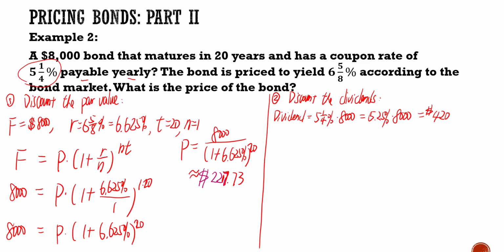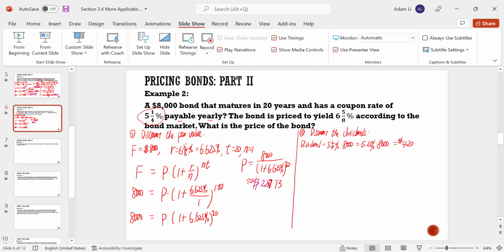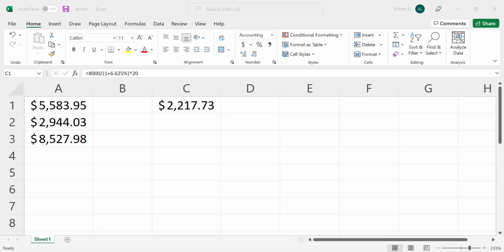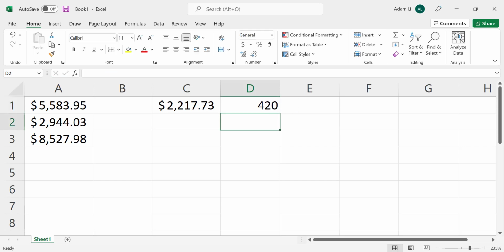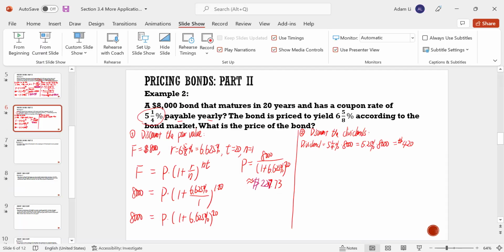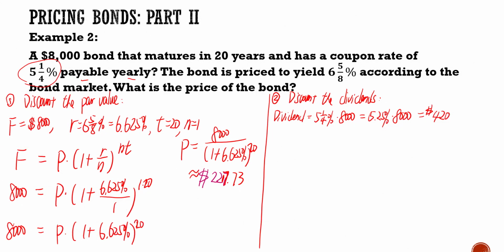Let me just double check, make sure this number is right. So we get 5.25% times 8,000, and that's $420. It's good. Now from here, we know this is the regular payment, the dividends' regular payment, payable yearly, 420.